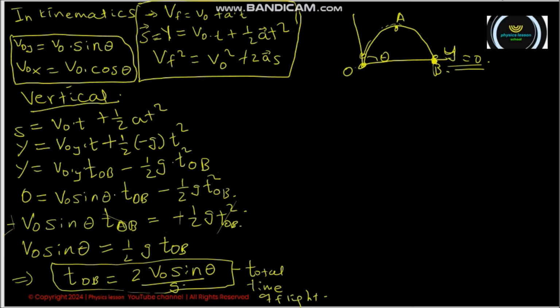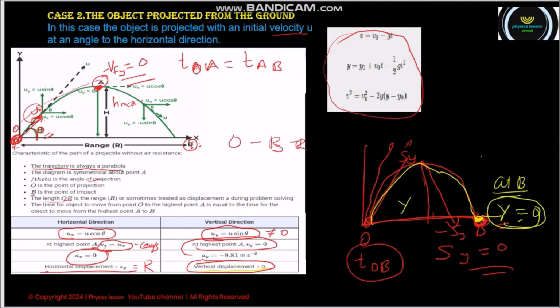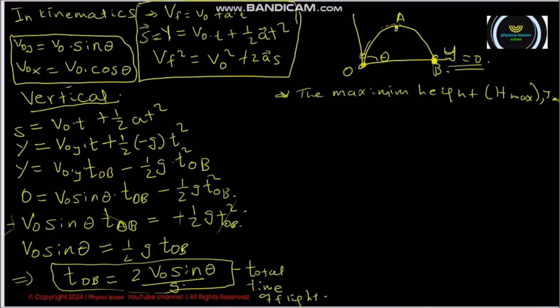Good. Now we are going to derive the maximum y, or the maximum height, h maximum or y maximum. Assume here we have h maximum. At point A, at this point we have y maximum, or we can say h maximum.